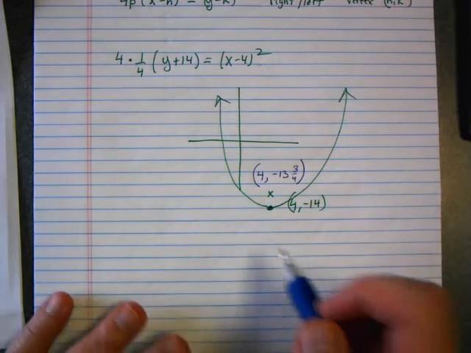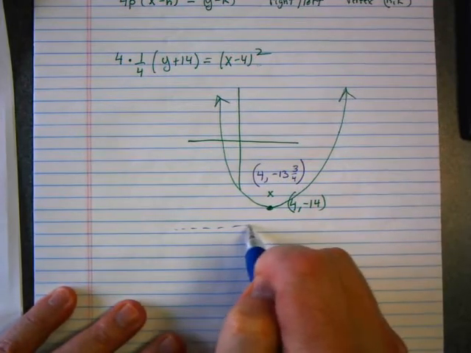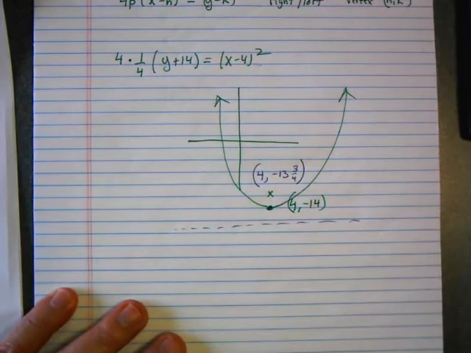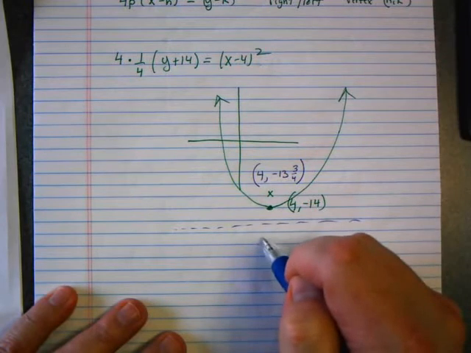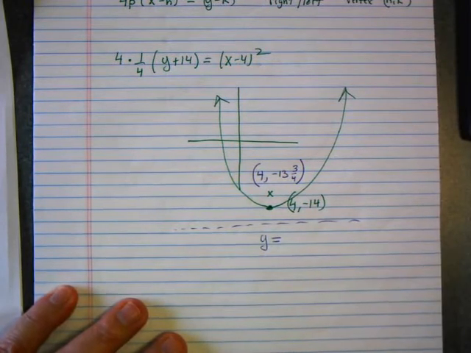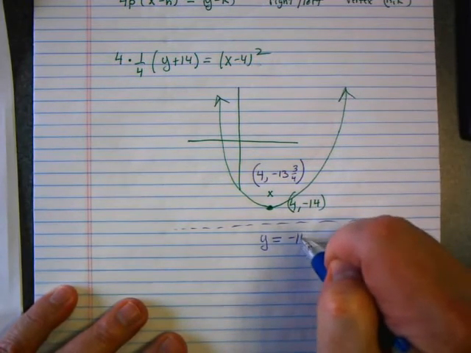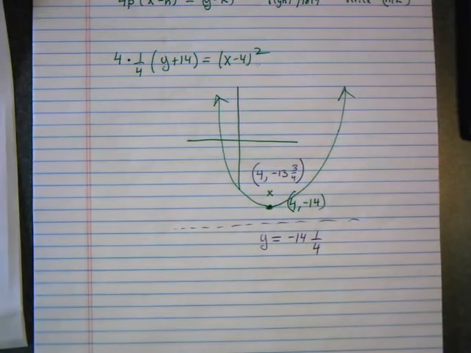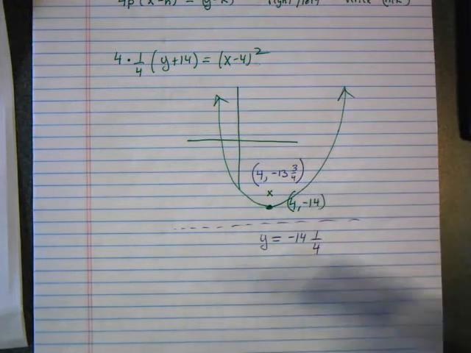All right, and then how do I find the directrix? Y equals negative 14 and a quarter, or negative 14.25 if you prefer. Again, you could write it as an improper fraction if you so choose.